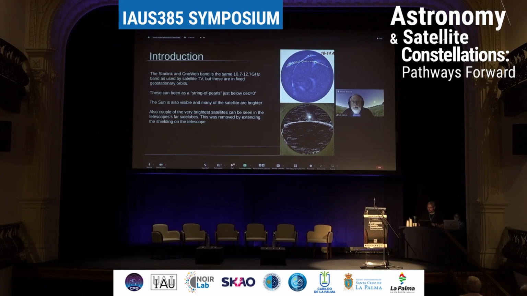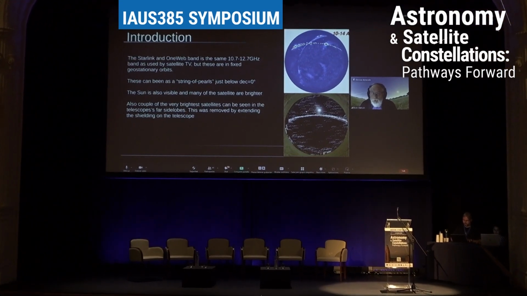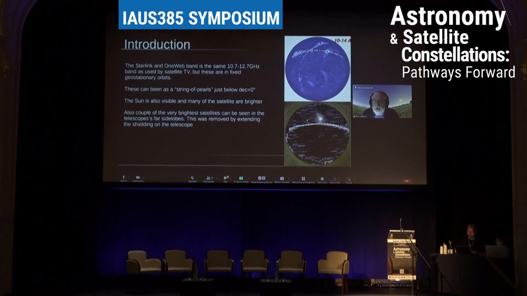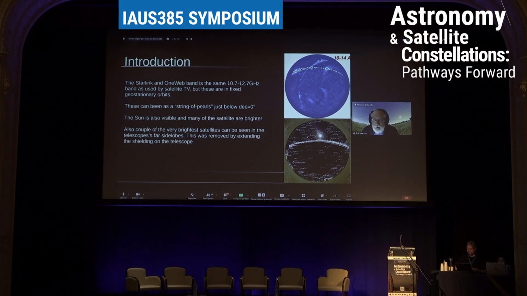But now, 10 years later, this was done with the Quixote experiment, which is just about to start operations again at 10 gigahertz. We now have these Starlink satellites and OneWeb, which are no longer restricted to that arc in the sky, are now everywhere, and are brighter than the sun when you're observing in that particular waveband.